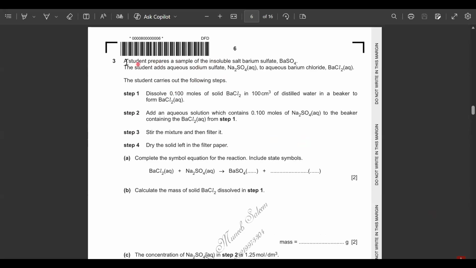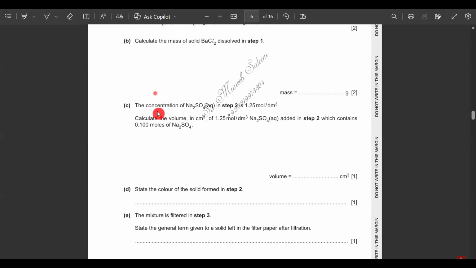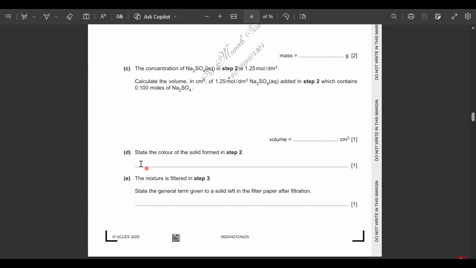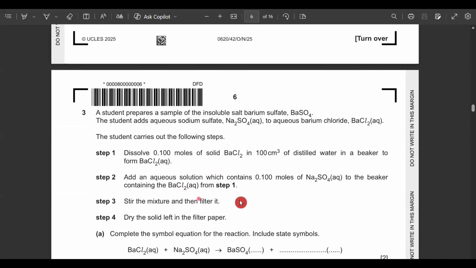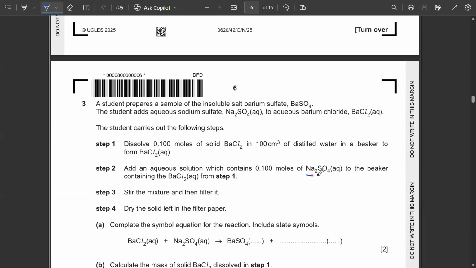So question number 3, our student, and we will go through question D. State the color of the solid formed in step 2. Step 2 involves the reaction between sodium sulfate and barium chloride.